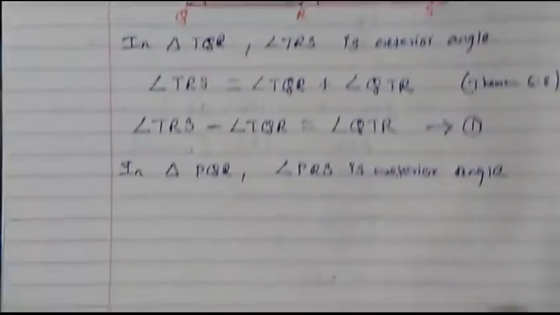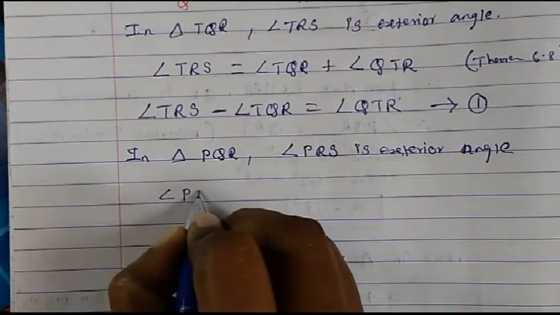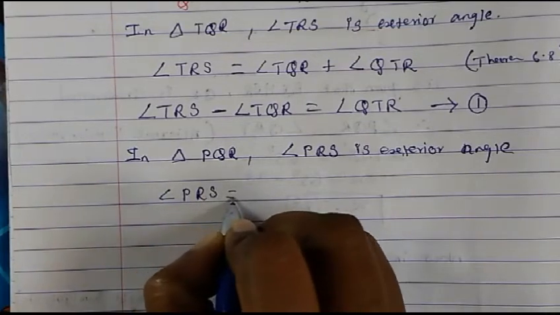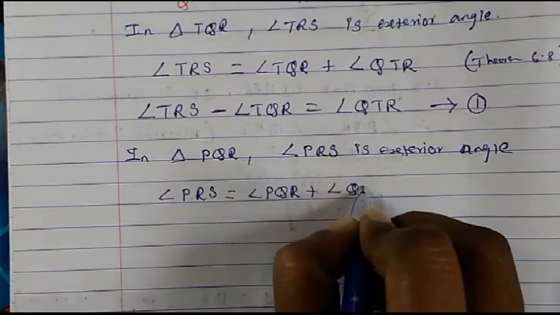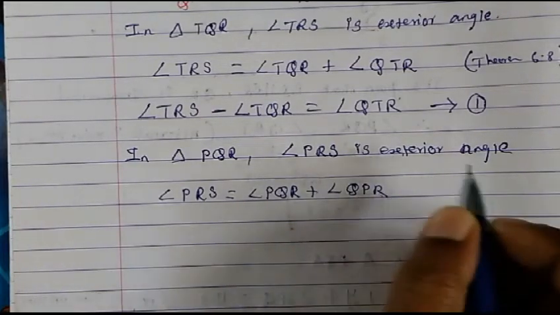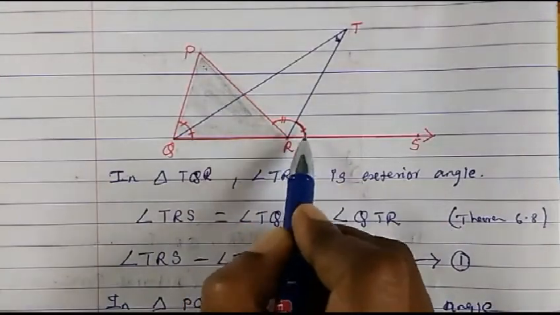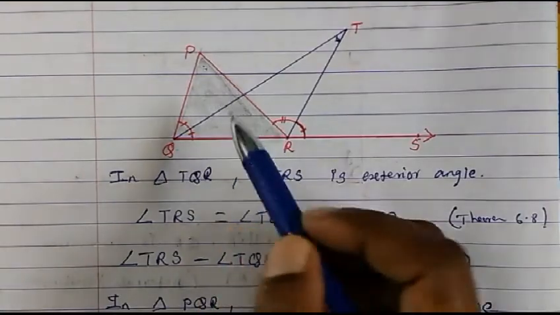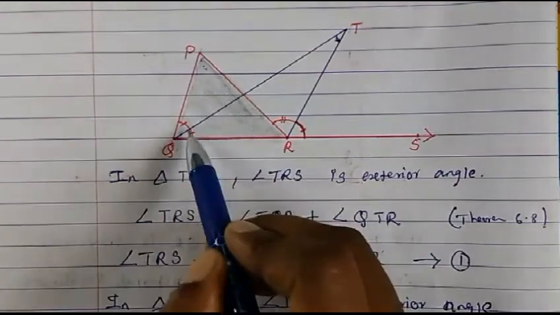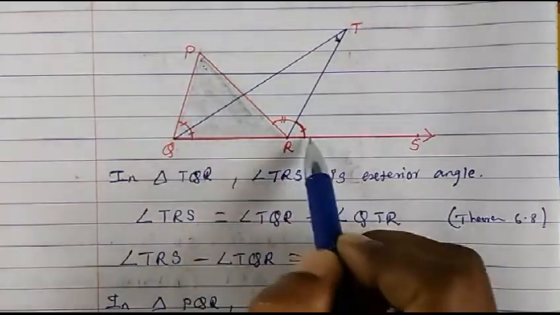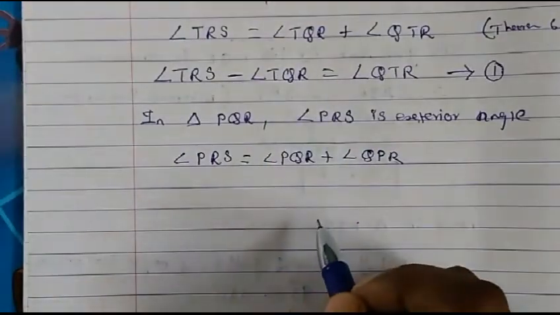So same way we'll write down: angle PRS will be equal to angle PQR plus angle QPR. This angle and this angle, the sum of these two angles, will be equal to this exterior angle. So that's what I have written here as we have written the first part.